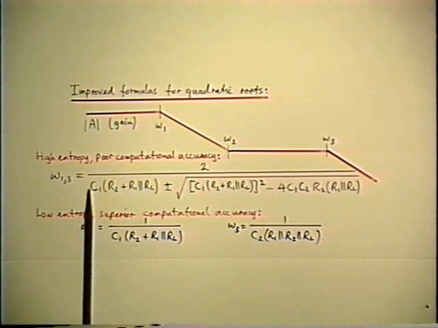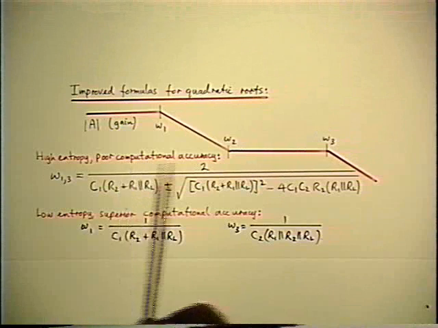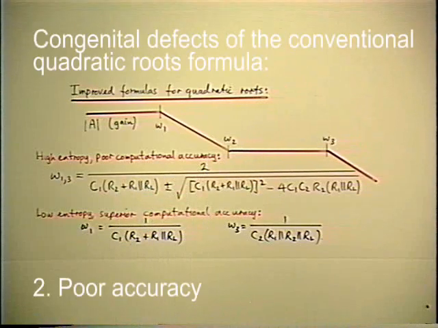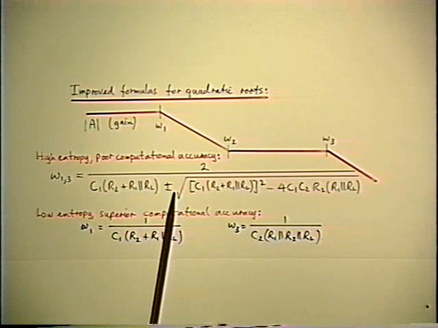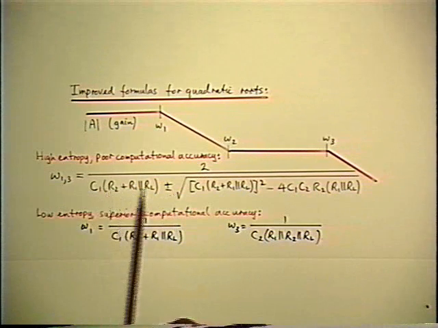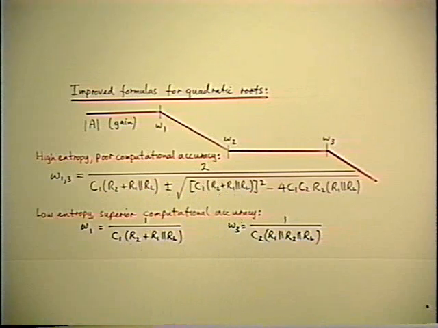Now, that's only one disadvantage of this conventional formula. There's another one. It has poor computational accuracy also for one of the roots, namely the one that involves this minus sign between the two terms. Because frequently the numerical value of the two terms to be subtracted is almost the same.